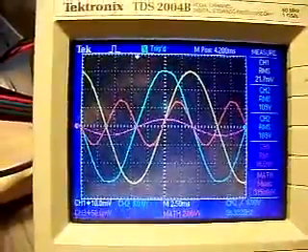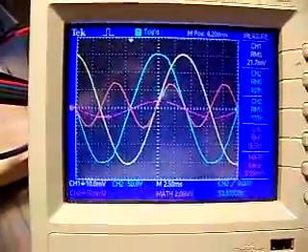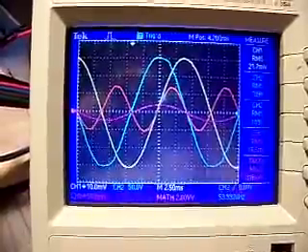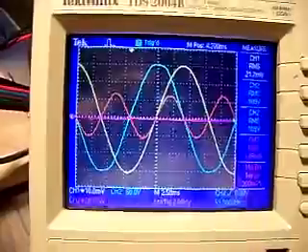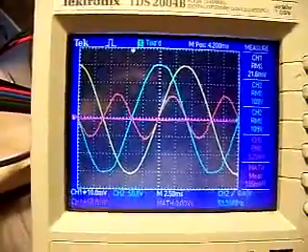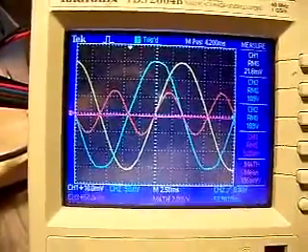And the power increased by about 50%. That's due to about a 5-degree phase shift in the current.